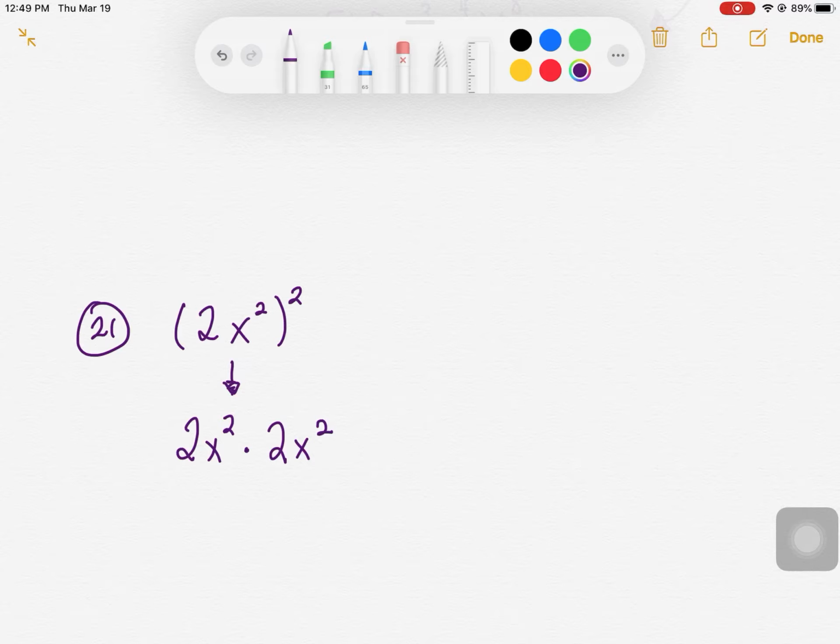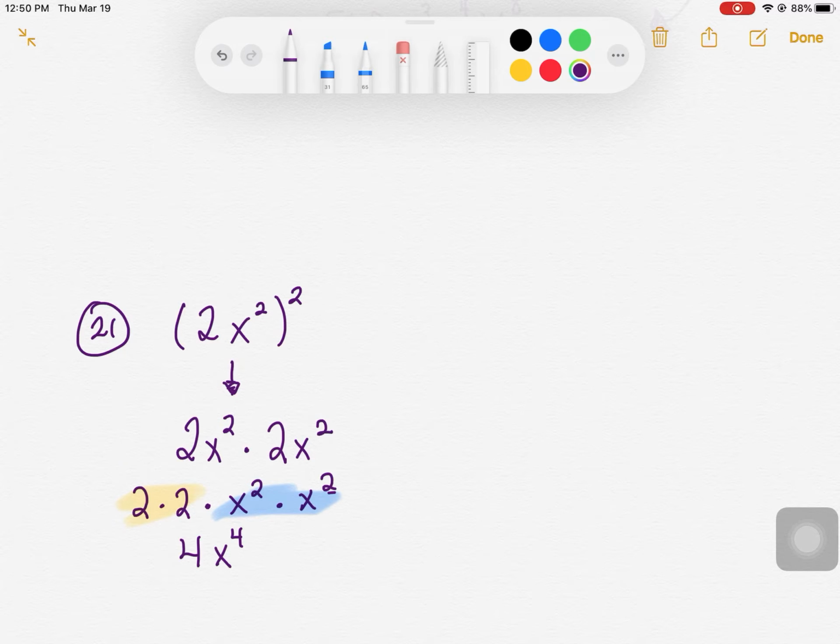It then becomes exactly like the problem above. I can do the 2 times the 2 times the x squared times the x squared. So I'm going to multiply those numbers together, and then I'm going to multiply my x's together. So I'm going to get 4x, and I'm going to add the 2's, x to the fourth.